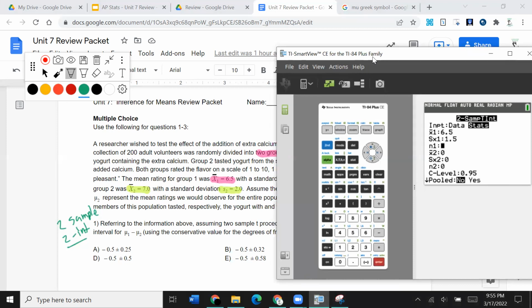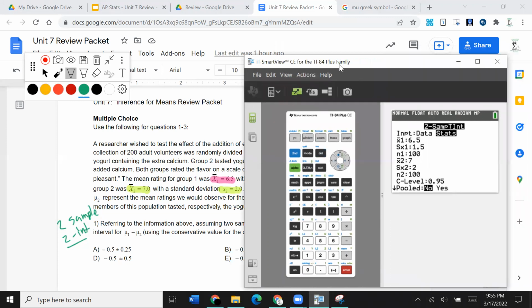Our samples are both 100. x2, 7.0. And S2 is 2.0. Again, 100. And we want to do a 90% confidence interval. So 0.9. Don't use pooled.